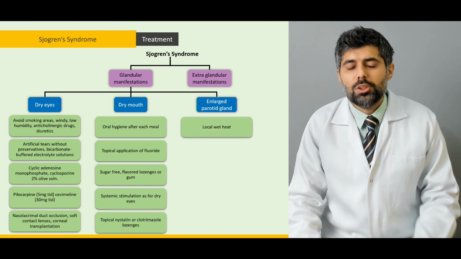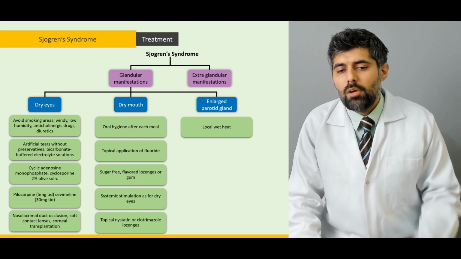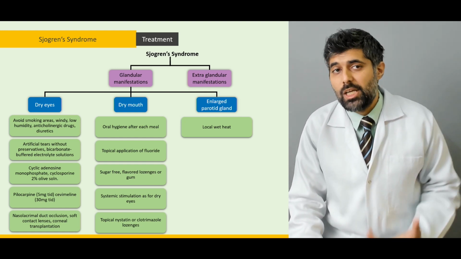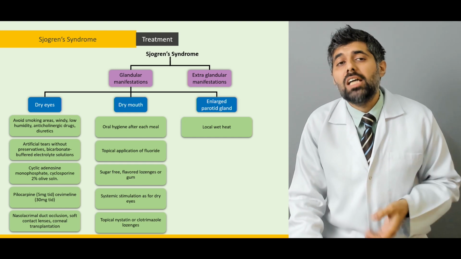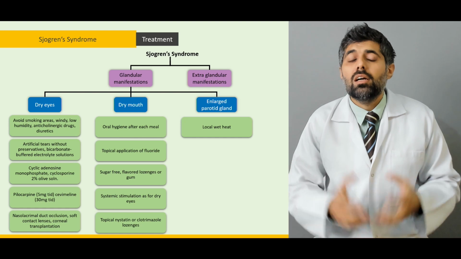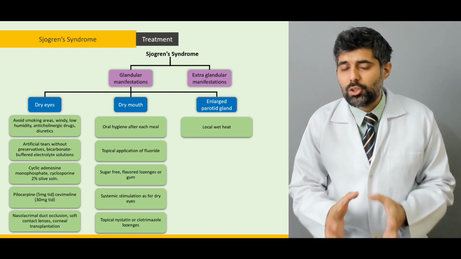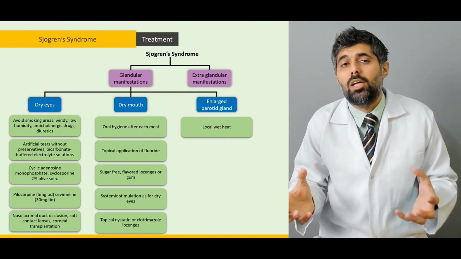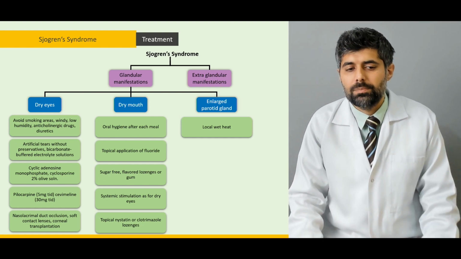As for enlarged parotid glands, we advise the patient first and foremost hot fomentation, that is localized wet heat. Now, localized heating can have extremely good effects in managing the swelling and enlargement of the parotid glands.